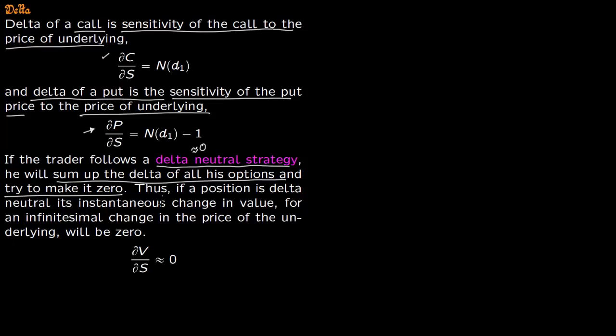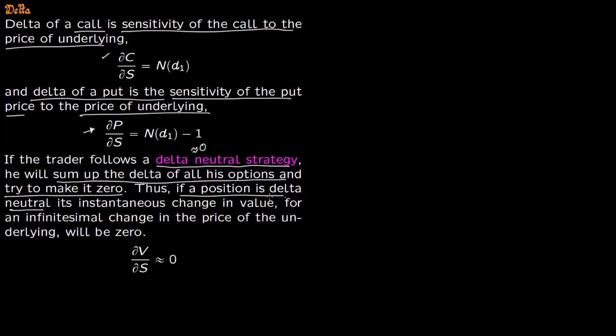Now why does he want to do that? If the position is delta neutral, it means that dV/dS, the change in value of the portfolio with respect to the change in price of the stock, is approximately 0.